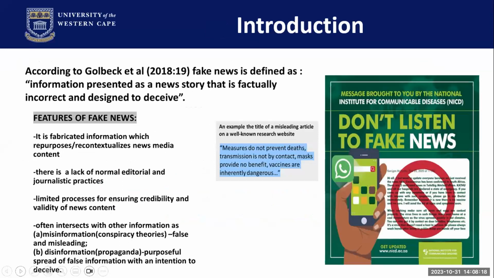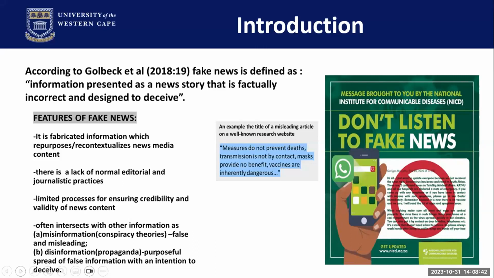In terms of what this means with regard to the dissemination of information, here are a few concepts which are relevant to my study. According to Goldbeck and others, fake news is defined as information presented as a news story that is factually incorrect and designed to deceive. Now, some of the features of fake news are as follows.